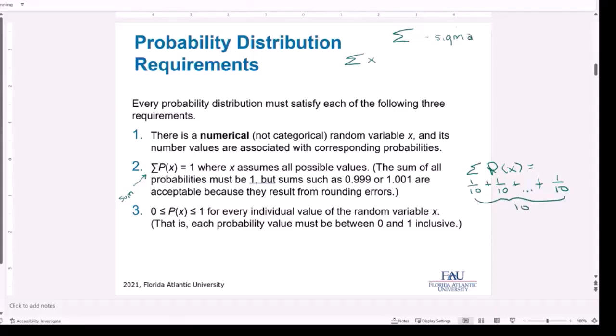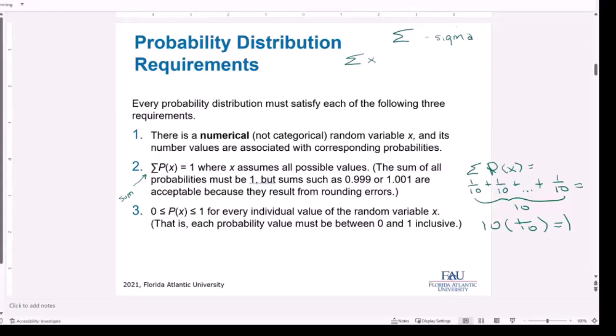We add all these up, is the same as saying 10 times 1/10, which equals 1. There we have number 2. The sum of all the probabilities has to equal 1.